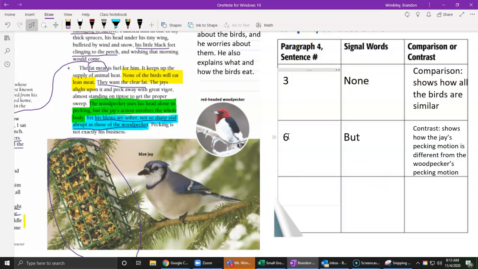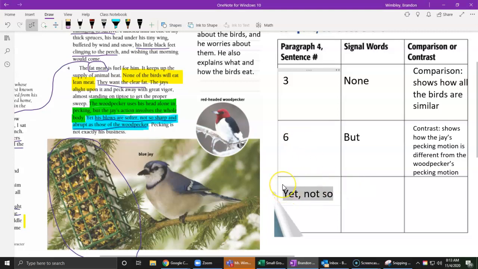Well, this one's actually full of them. We have the word yet. Yet is similar to that word but, saying, hey, there's going to be a difference coming up. And there's also this one as well, not so. We normally don't use that as much, especially in 4th grade, but not so is also saying, hey, he is different from this other. He's not like this other.